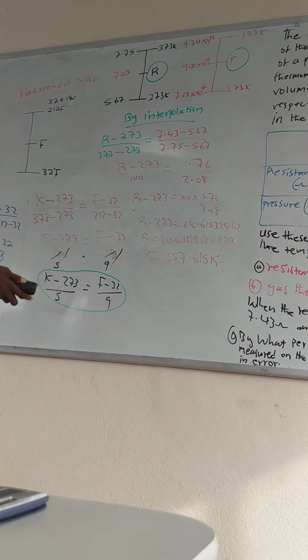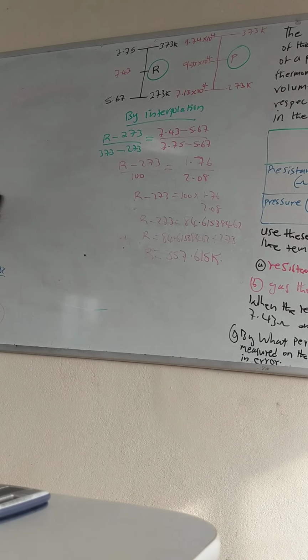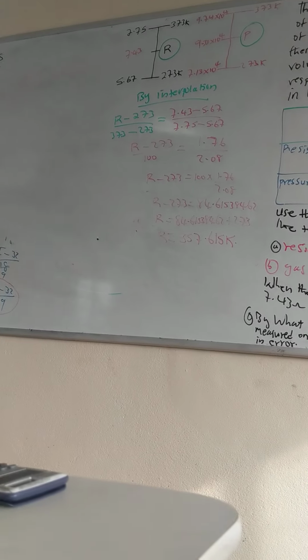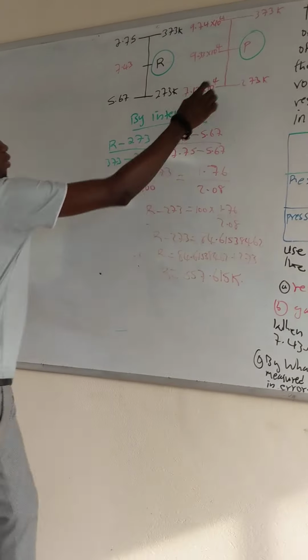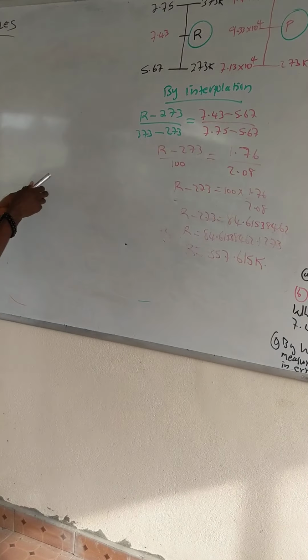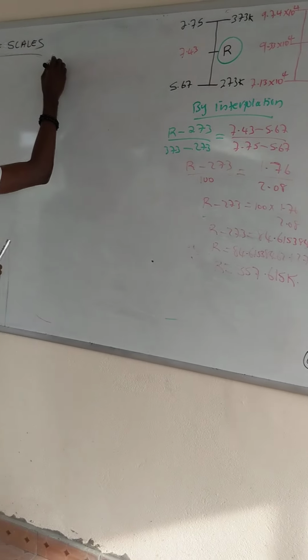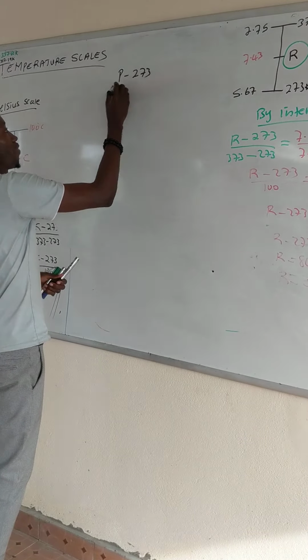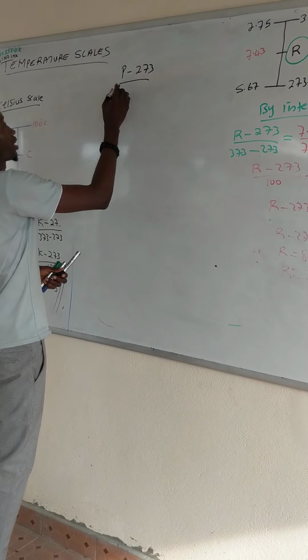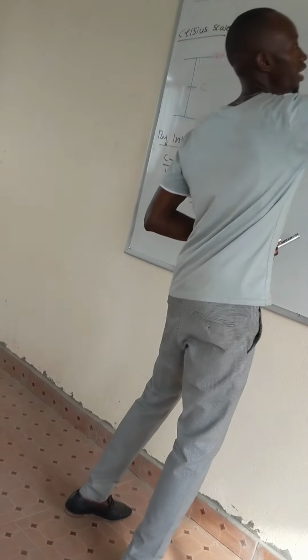So if we consider getting the next value, let's interpolate again for the gas, for the pressure, for the pressure thermometer. If we interpolate this again the same way, we say P minus 273 divided by 373 minus 273 equated to, here again the same thing.